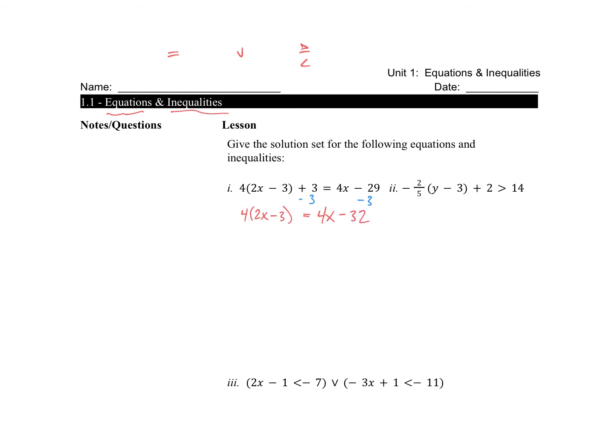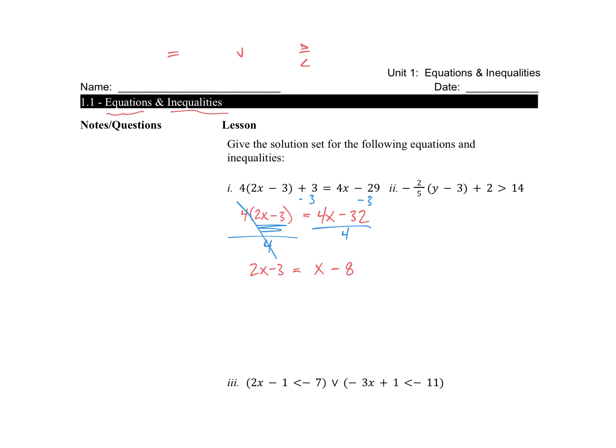If you want to distribute that 4, you definitely can. But just to remind you that this is an option, since 4 is being multiplied by this whole quantity, 2x minus 3, I'm going to divide by 4, canceling the 4's. And that just means I have to divide both of these two things by 4. So that's going to leave me with my 2x minus 3 on this side. I don't need the parentheses anymore. And then on this side, 4x divided by 4 is 1x, and 32 divided by 4 is 8.